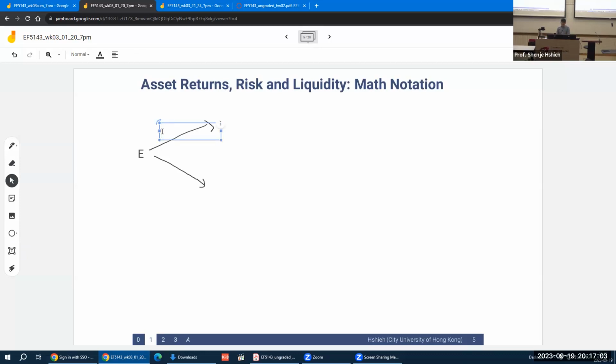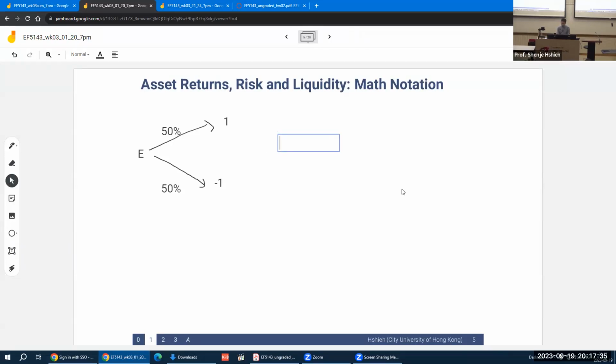Let's say there's a 50% chance that it increases in value and a 50% chance that it decreases in value. And let's assume it can change by 1 or -1.